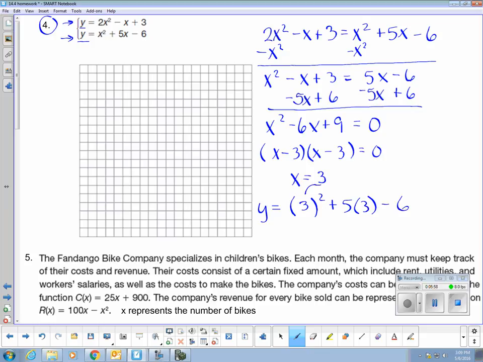So I'm going to replace x with 3. And then I'm going to check it and verify it with Desmos.